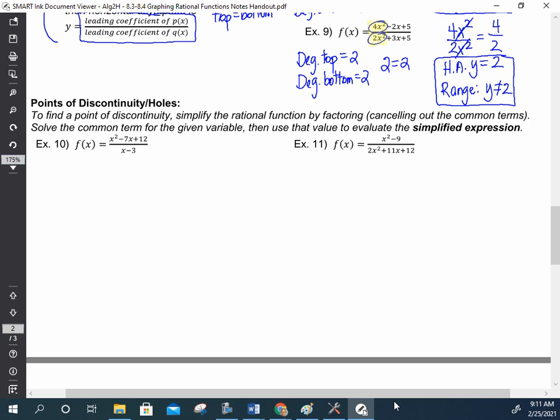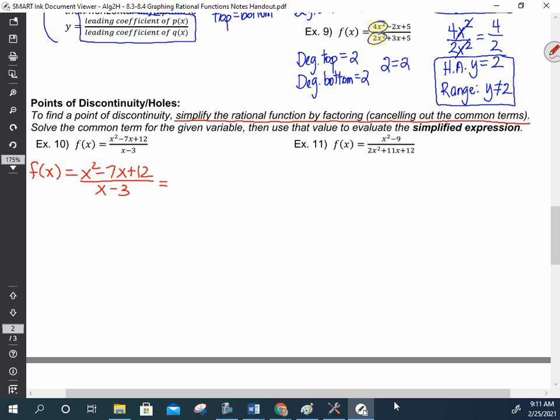So example 10, x squared minus 7x plus 12 over x minus 3. And I'll color code it so that you can see what's going on. So, simplify the rational function by factoring, cancel out common terms. So f of x equals x squared minus 7x plus 12 over x minus 3.